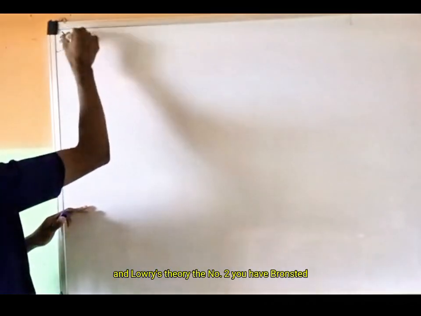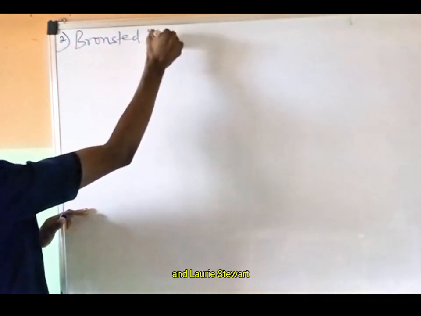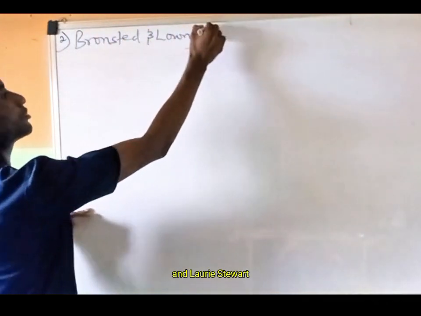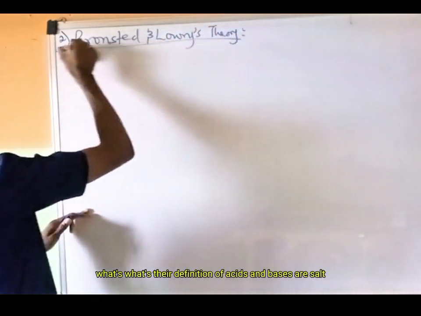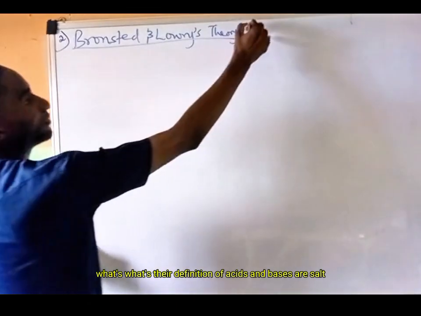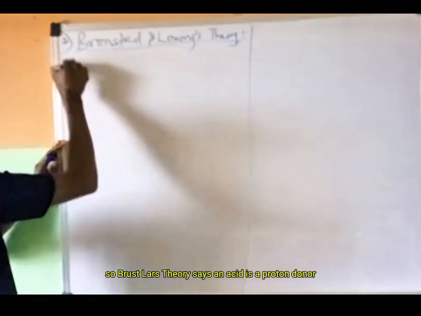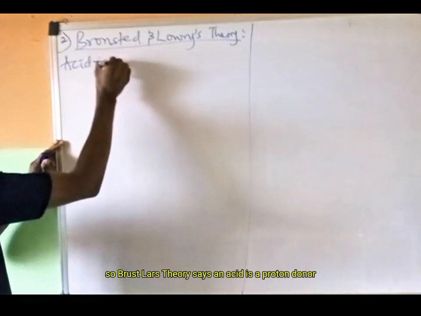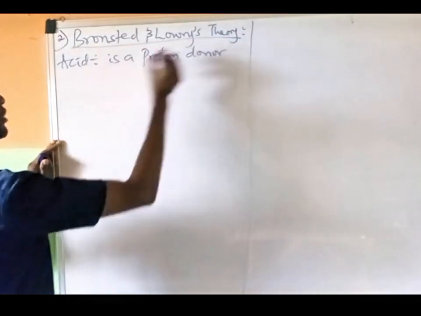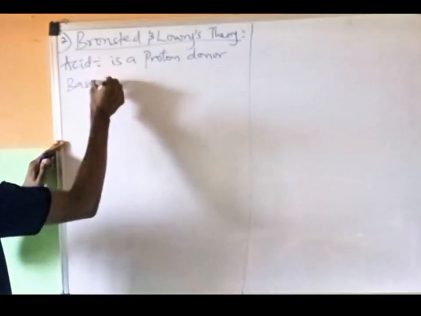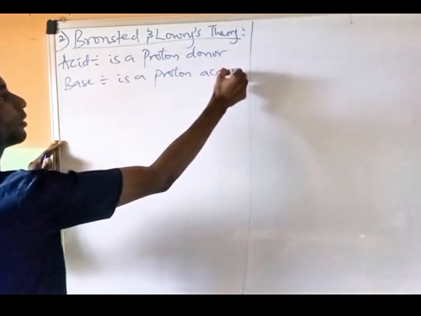So number 2, we have Bronsted and Lowry theory. So what are these guys? What's their definition of acids and bases and salt? So Bronsted-Lowry's theory says an acid is a proton donor, while a base is a proton acceptor.